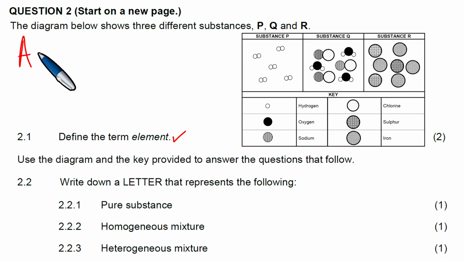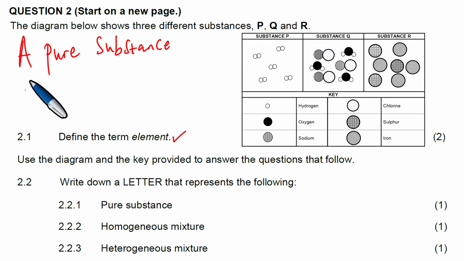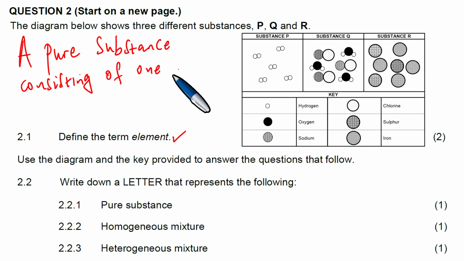So we're going to say an element is nothing other than a pure substance consisting of one type of atom. So an element is a pure substance consisting of one type of atom.